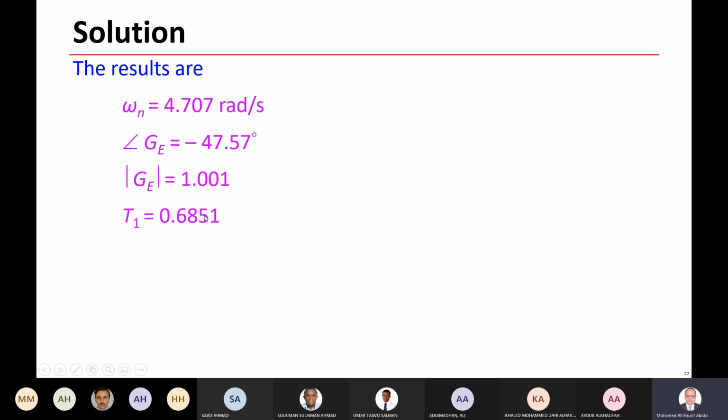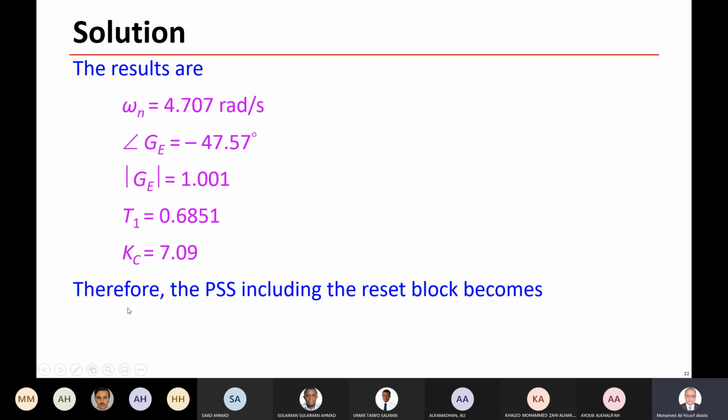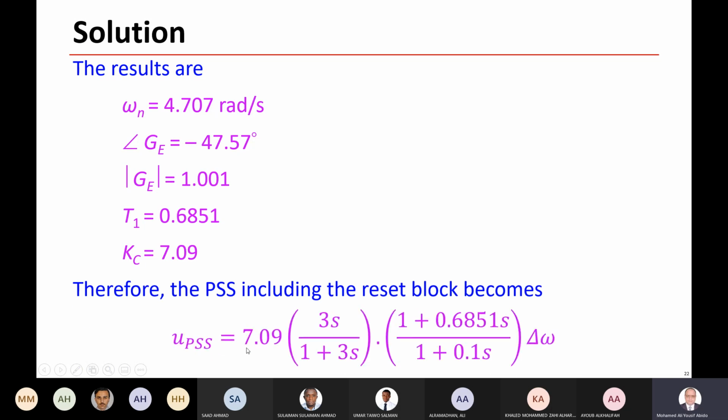So you can calculate T1 with this angle. We already discussed how to calculate T1. KC comes from the magnitude of GE, the magnitude of GC, and K2, and the expression is there. Therefore, this is the transfer function of the power system stabilizer: the gain, the washout time constant which you set, and T1 and T2.